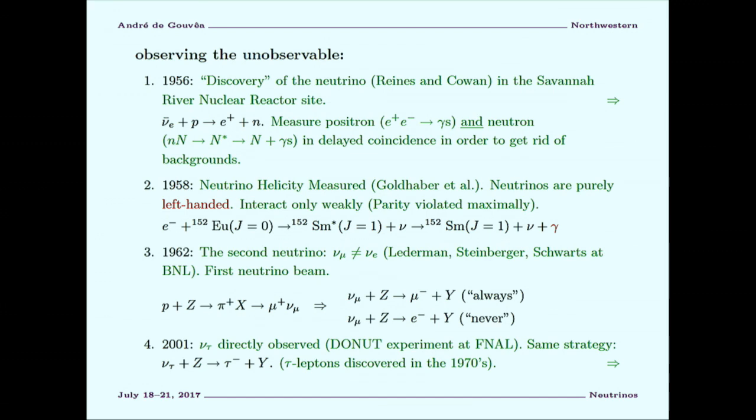So if you have a large cross-section for neutrons being absorbed, you could see photons coming from this de-excitation of whatever absorbed the neutron. And if you do that, then you can first see a big burst from the positron, and then some calculable amount of time later, you see another burst of photons coming from the neutron capture.